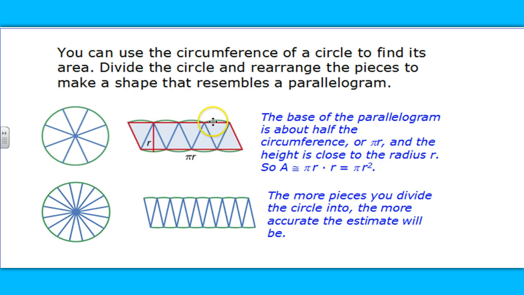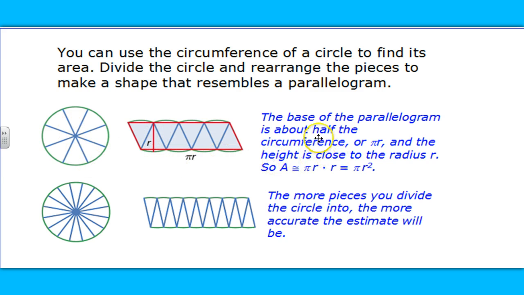We just have this extra little curve on the top of each, the base of a triangle. So we have 4 pieces of that circle here and 4 on the other side. If we imagine this as almost a parallelogram, 4 pieces make up the base, and that's half of the circumference. And then the height is made up by the radius.